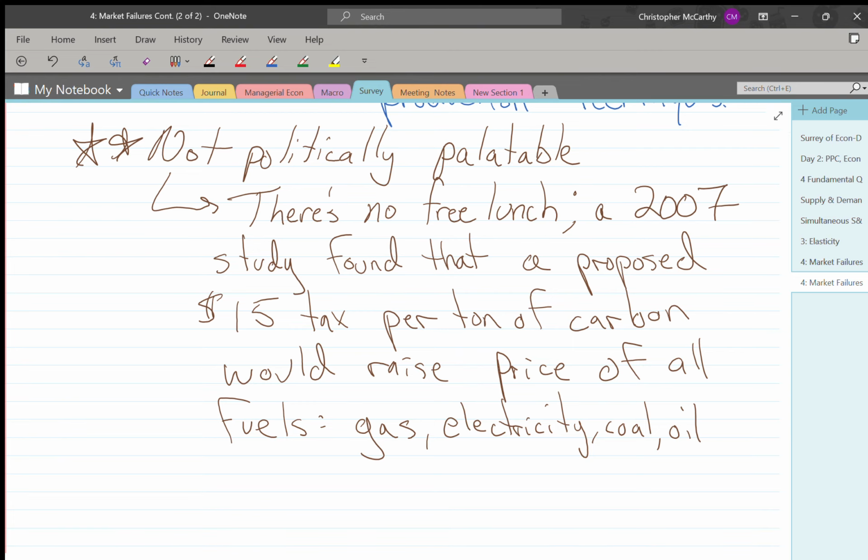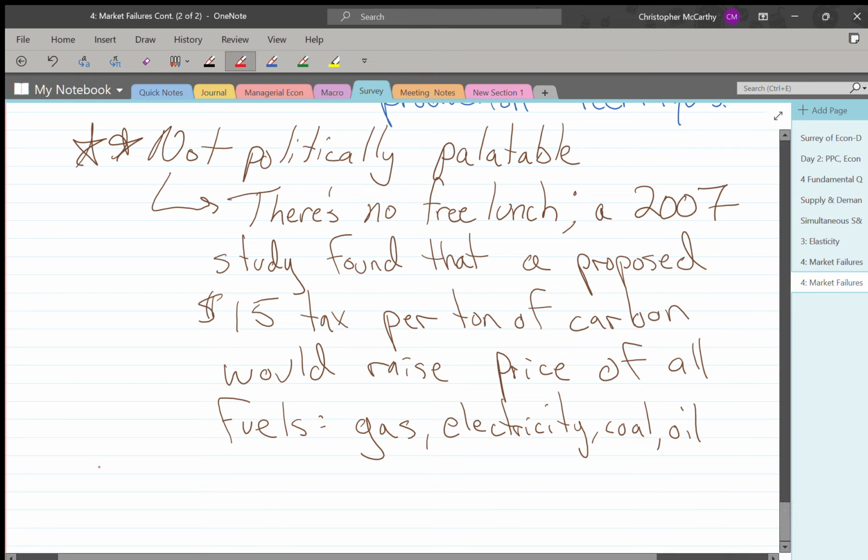Random things I learned. So the effect of a cap and trade program. So what is cap and trade?